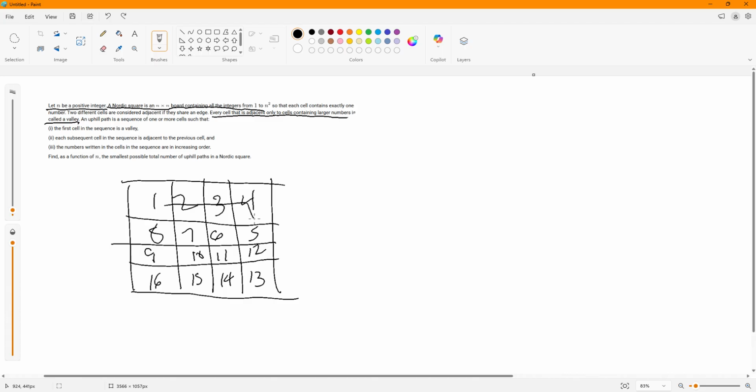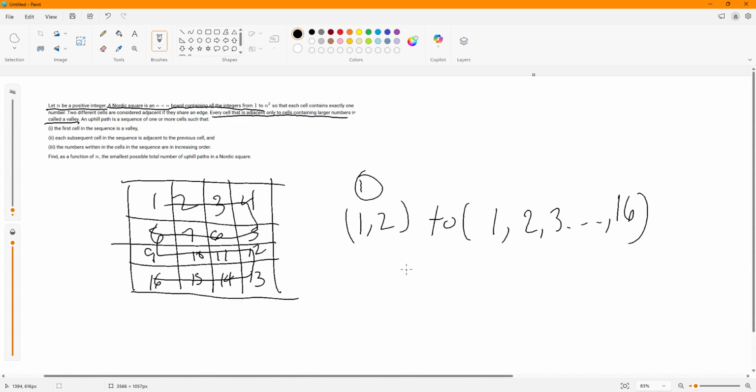So it's just one itself, then 1, 2. There's 15 ways there, and there's another way just by this.